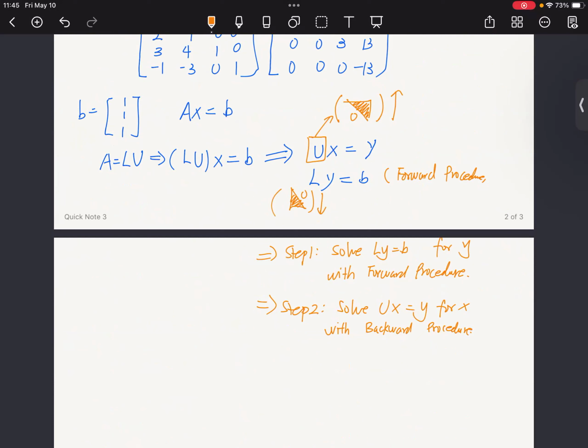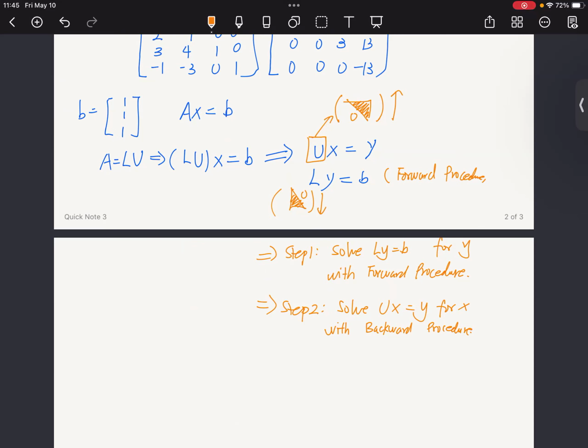Does it make sense? So there are two parts here, but the benefit is that after the Gaussian elimination, you get the factorization, and if you have different B, you just need to solve this system for the X with the forward procedure and the backward procedure, utilizing the LU factorization. And this is the example we mentioned today.